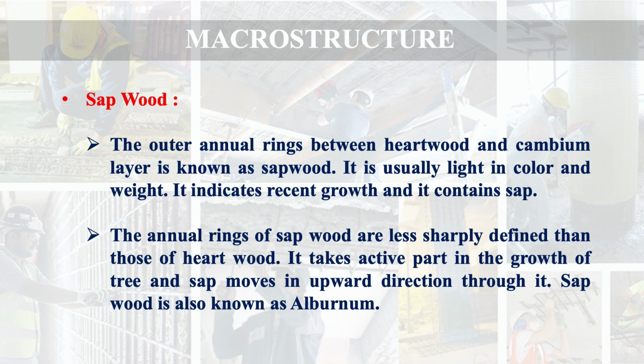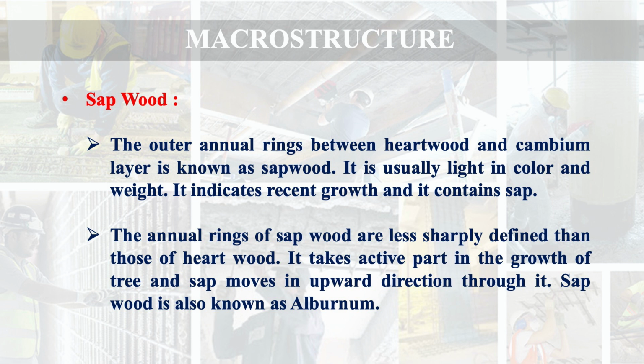This means here you cannot clearly have the distinct annular rings as you find in the heartwood. It takes active part in the growth of the tree and sap moves in upward direction through it. Sapwood is also known as alburnum.